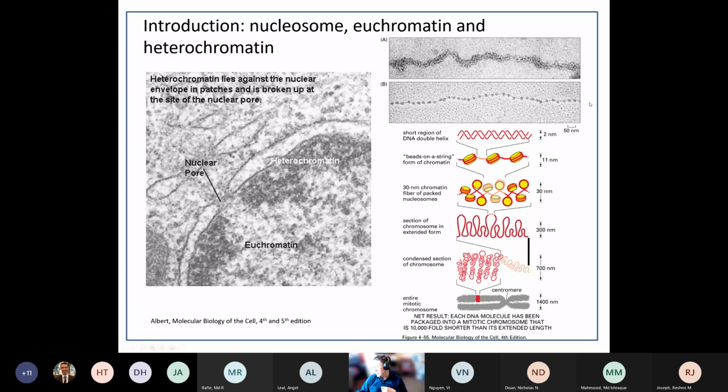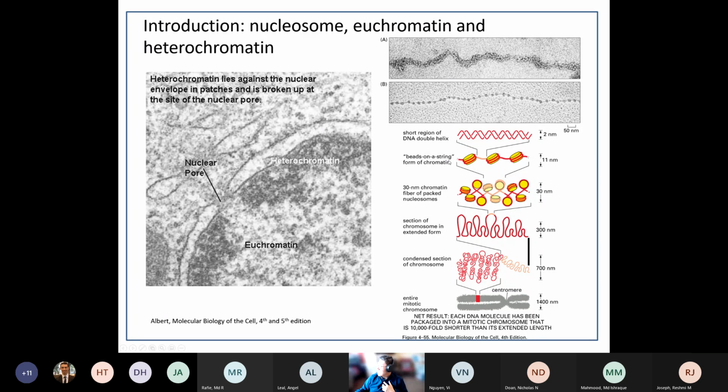How many times, I couldn't remember, but it's a long sequence. But our cell has to pack it, right? It cannot have that long sequence. It has to be packed into a condensed structure so that it can be put into a nucleus. Otherwise, the cell cannot host the genetic material.